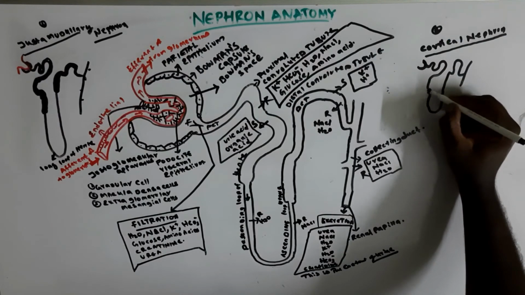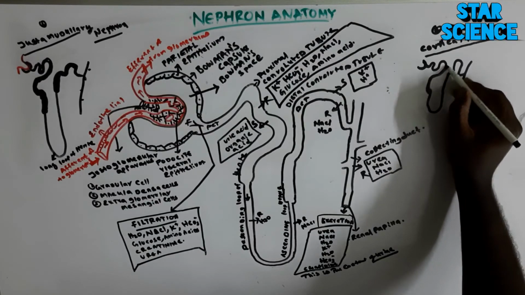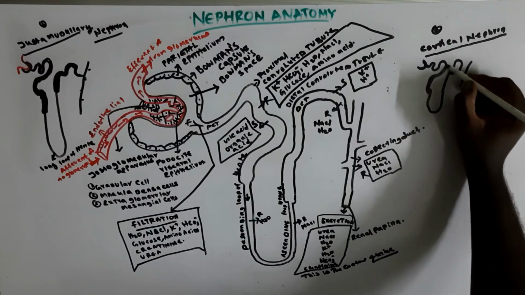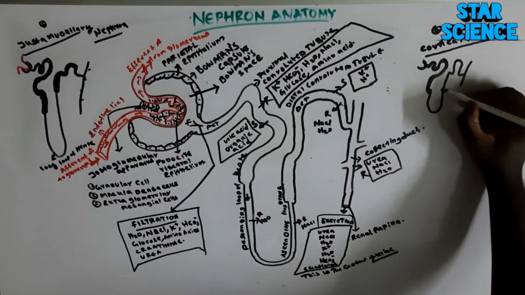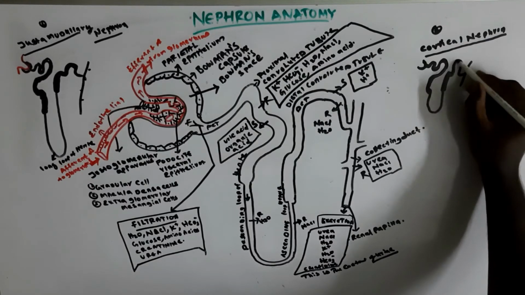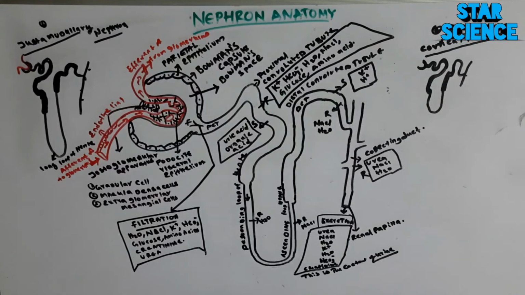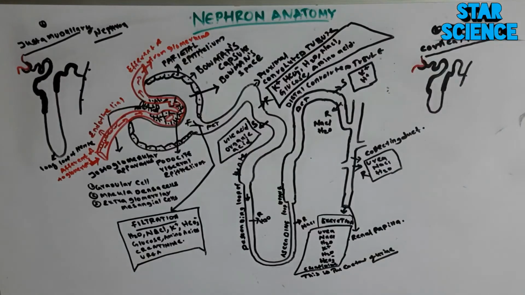So the thing you have to remember is that it's very short because the loop of Henle is short, but everything else is similar. Because the loop of Henle is short, this is the cortical nephron. So the cortical nephron is not fully entered into the medullary region. That is the only difference we can find between the juxtamedullary nephron and cortical nephron.